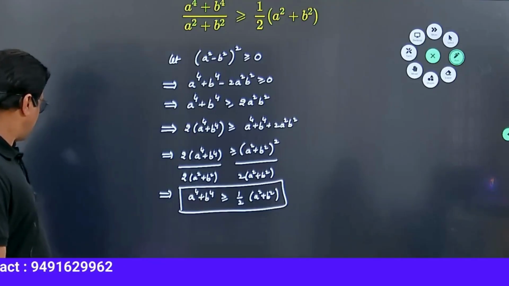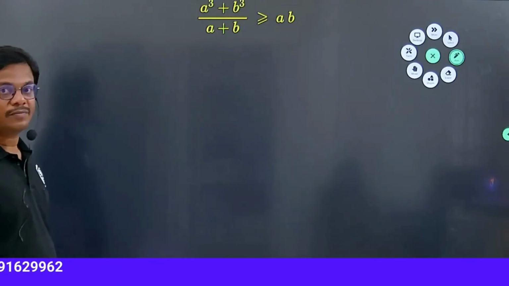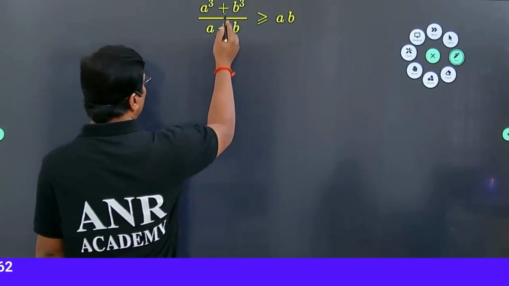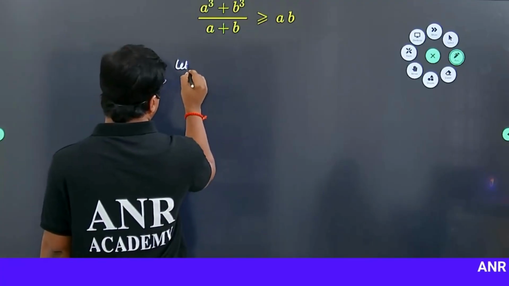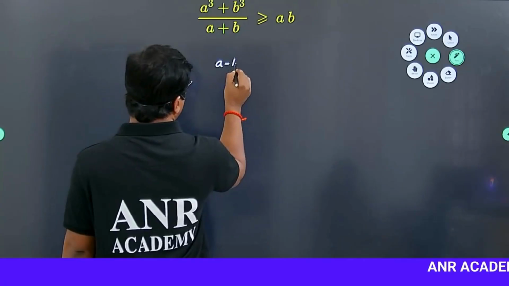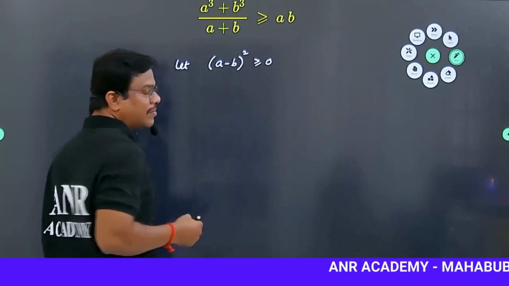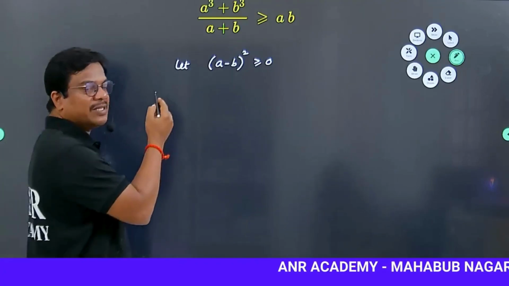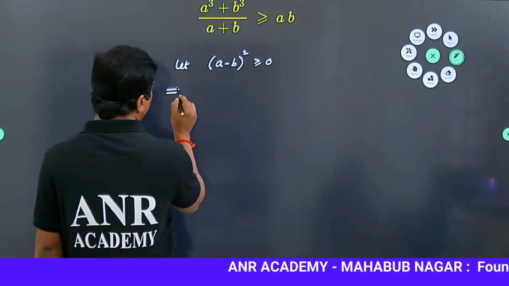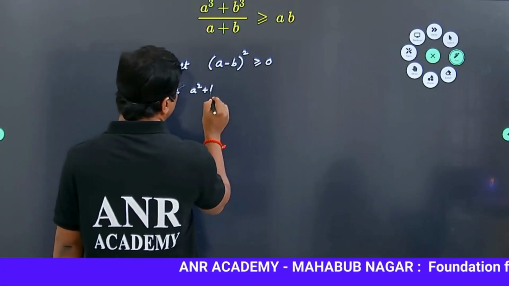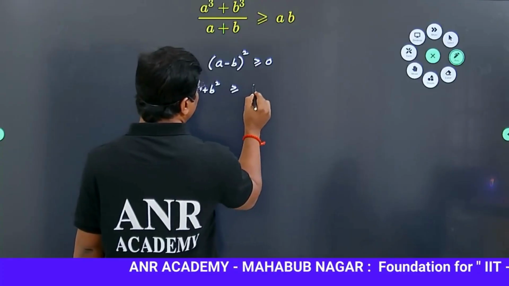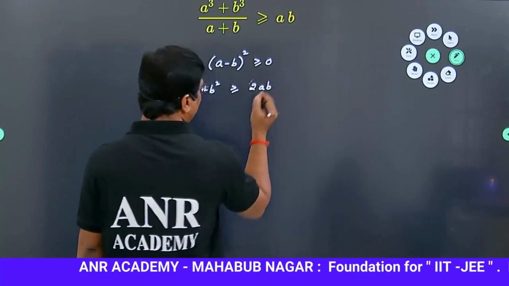Next, see third one. To prove this, let us suppose square of (a − b), which is non-negative, and from this I can write a² plus b² greater than or equal to 2ab.